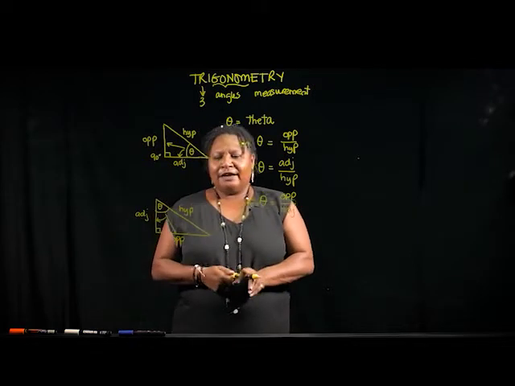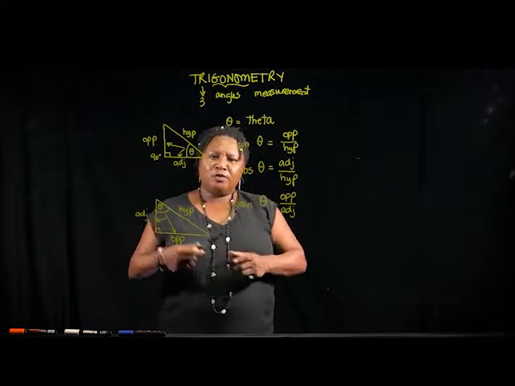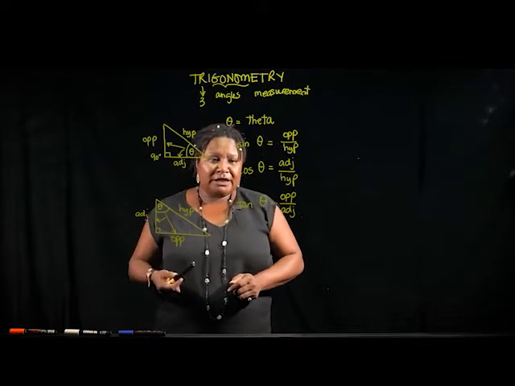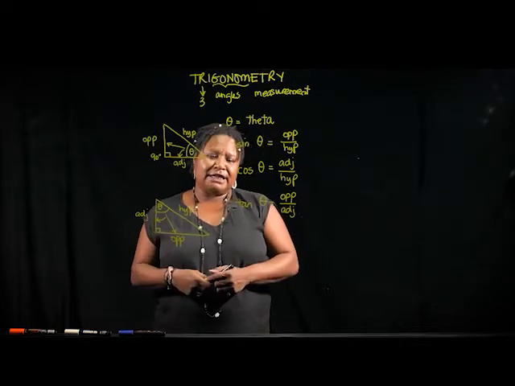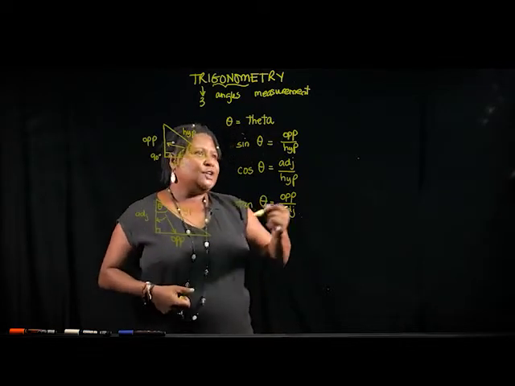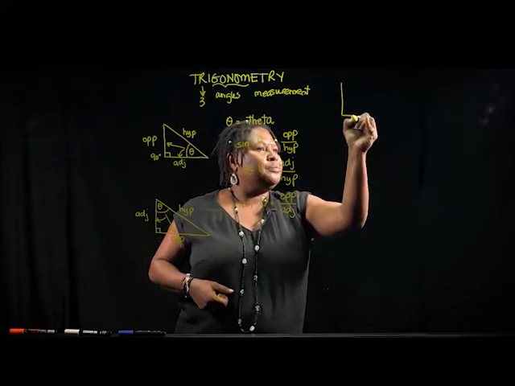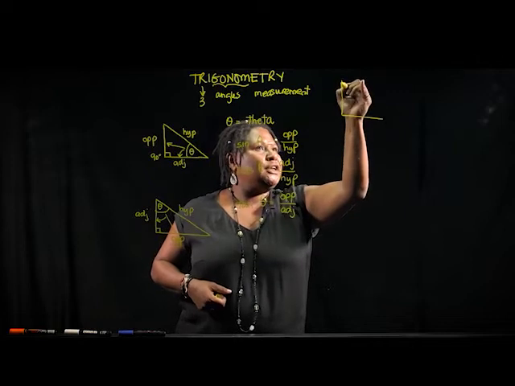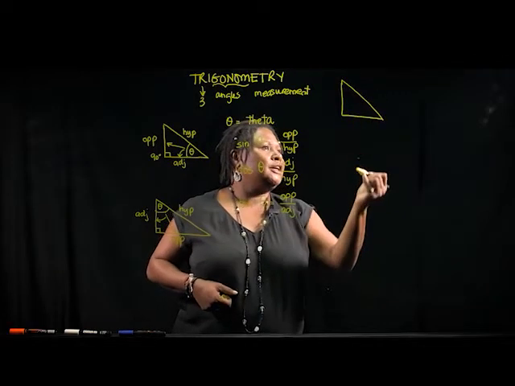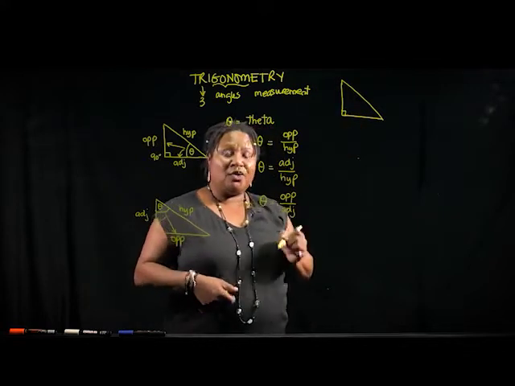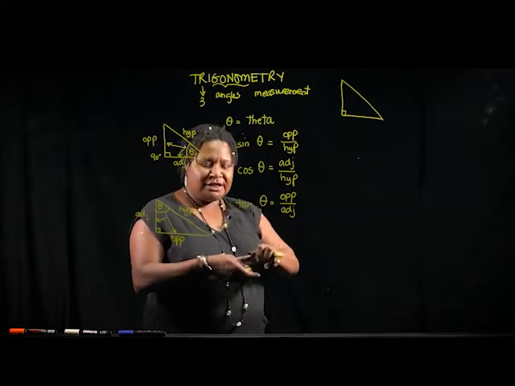Now we've looked at naming the sides. Another method of naming the sides is using the angles that are given. So let's have a look at another triangle. This triangle is special because it has a name, and we name the triangle according to the angles in the triangle.